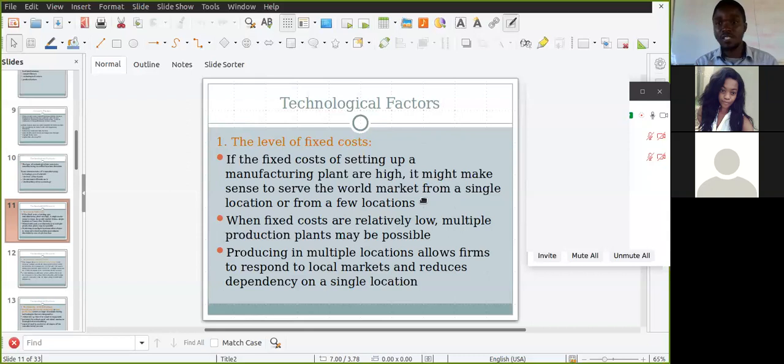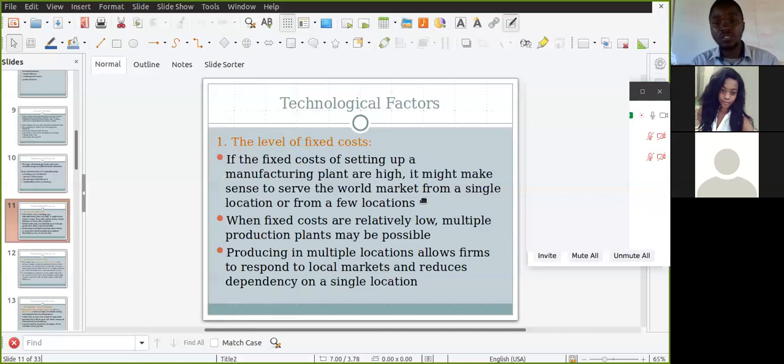Examples are buildings, machinery, vehicles. Those are fixed costs which the business owns. In setting up those things, if it is very costly to set them up, you would prefer to set your firm in one location unlike multiple locations, because setting up every fixed material will make you experience higher costs.